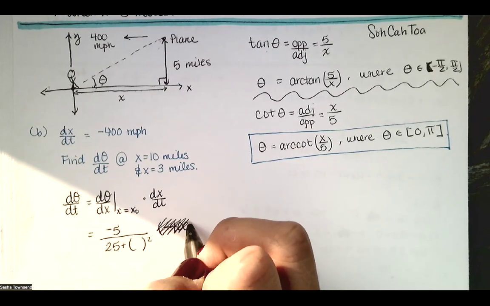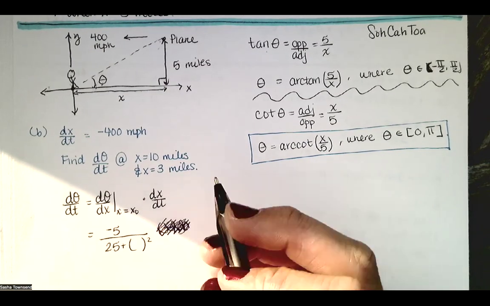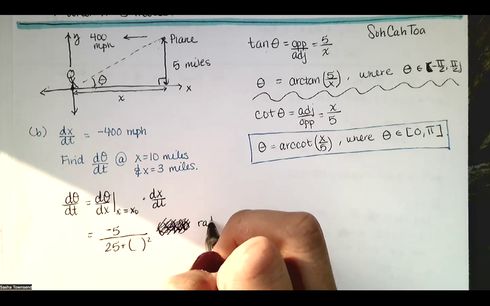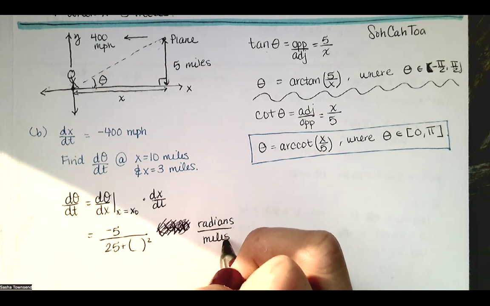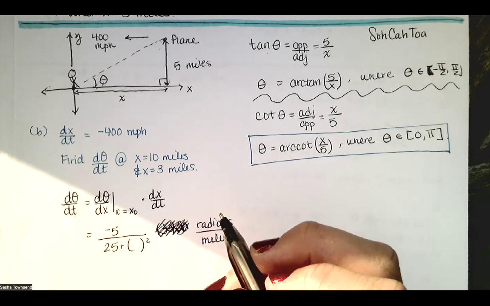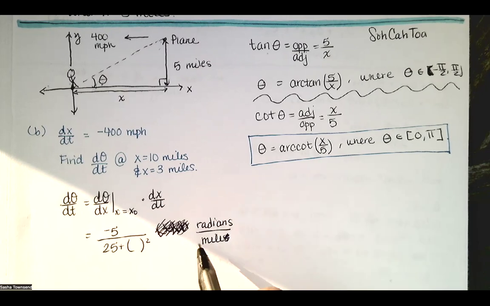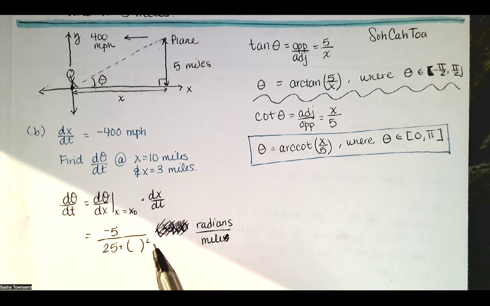Actually, let's include the units. This is some number of radians per mile. That's our d theta dx. So as x increases by 1 mile, theta changes by this number of radians when x equals x naught.